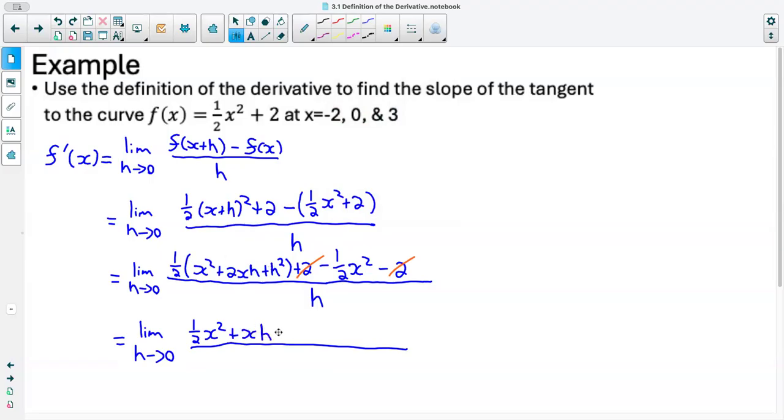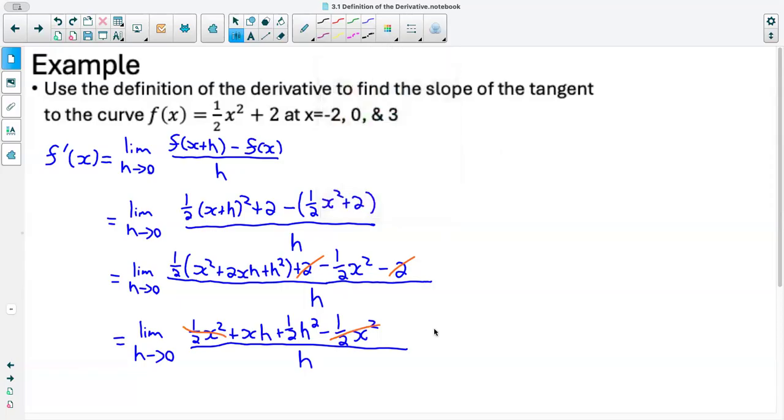And then 1/2 times h squared is plus 1/2 h squared. And then we have minus 1/2 x squared, and that's all over h. Now, once again, we can see we have some stuff that cancels out, because we've got positive 1/2 x squared and then minus 1/2 x squared, so those cancel each other out.